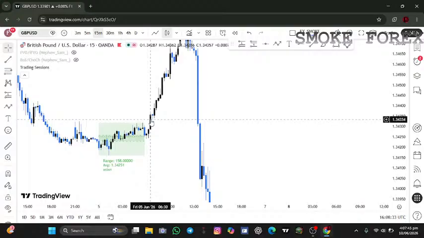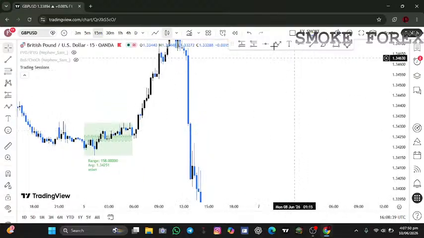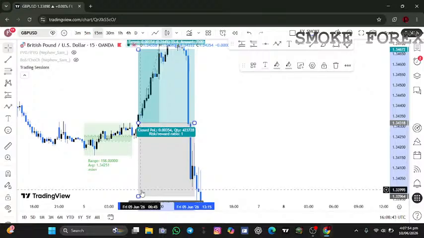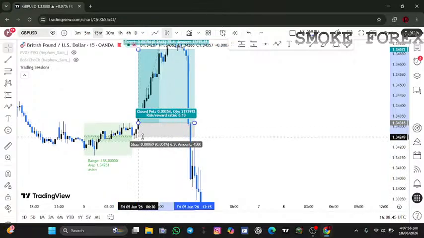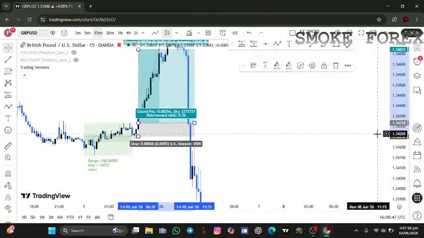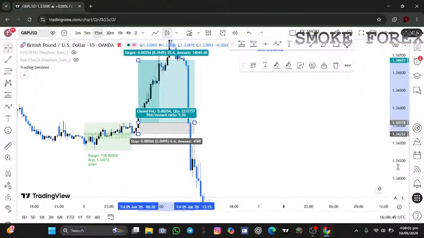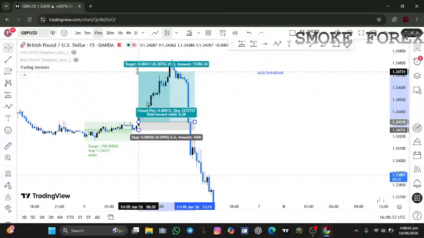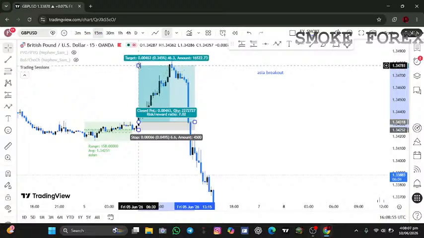You can see around 6:15 to 6:30 price broke. If I had my buy limits over here, at 6:30 price broke this. Then if I should have aimed my stop loss over here, you can see this trade even went more than 1:3. It went like 1:6, 1:7.